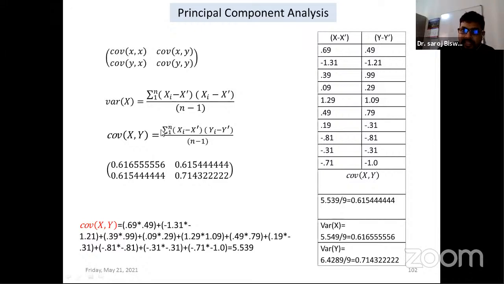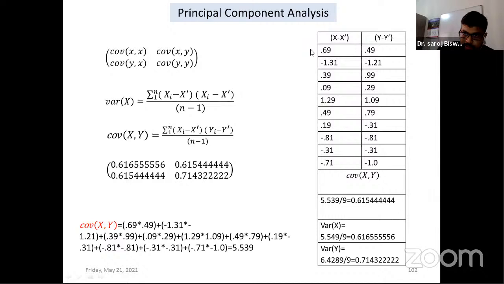So you see carefully, the values which are stored in the adjusted data are x minus x bar and y minus y bar. And if you see the equation of the covariance, these expressions are there: xi minus x bar, yi minus y bar. So from that adjusted data, we'll get all the values. If we talk about the first observation, it's the multiplication of the first observation of this and the first observation of this.